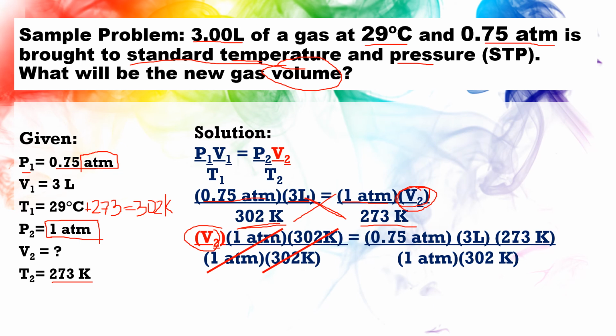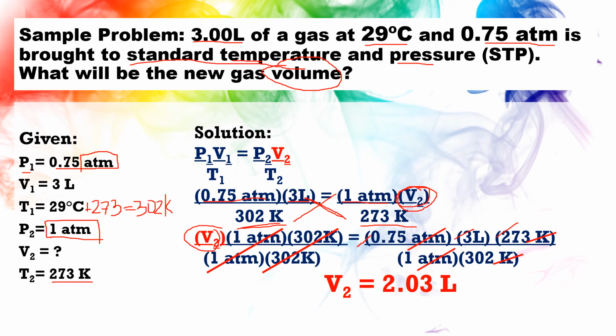And then cancel 1 atm and 302 on the left side, and cancel similar units on the right side. So bring out your calculator. 0.75 times 3 times 273 divided by the product of 302 and 1. So the answer is 2.03 liters. So you just have to rearrange the formula in order to get the unknown.